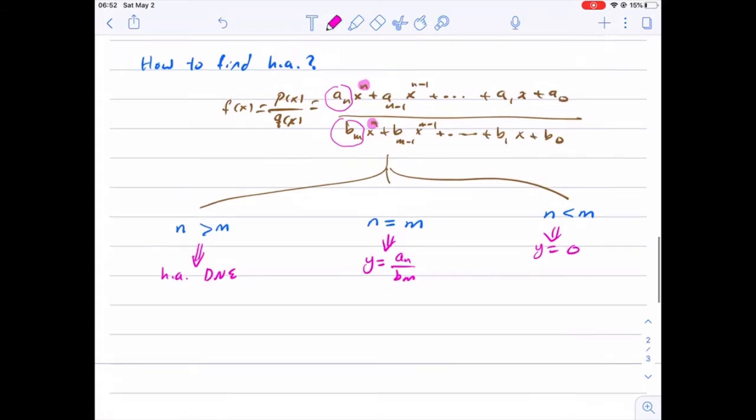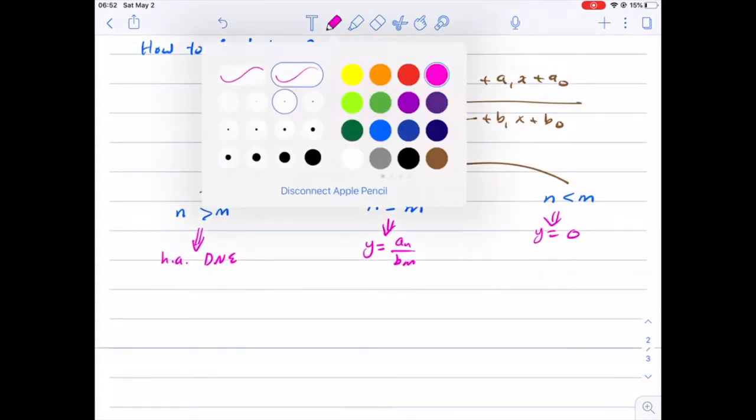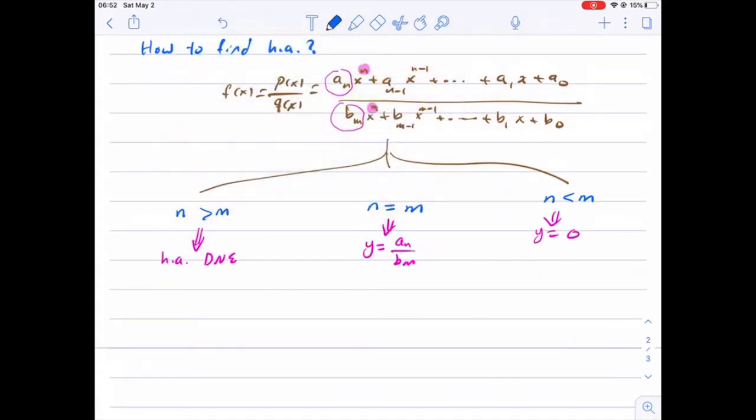So these are three cases. Let's take a quick example for each case. For example, here we may have (3x squared minus 1) over (x plus 2). Here, no horizontal asymptote. For this case, if we have (3x squared minus 1) over (2x squared plus 1), for example, we have the same power, so the horizontal asymptote is 3/2.